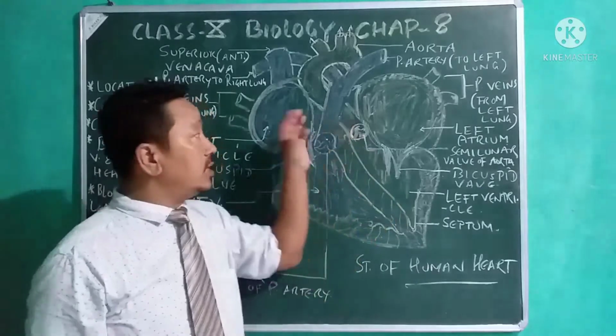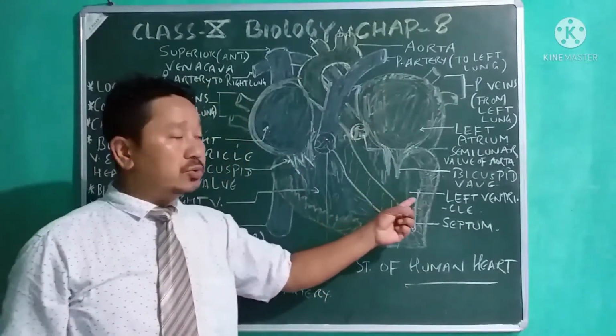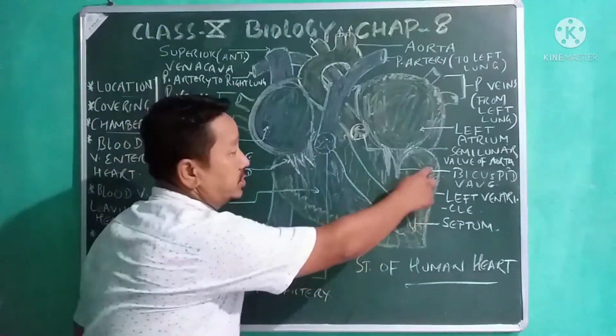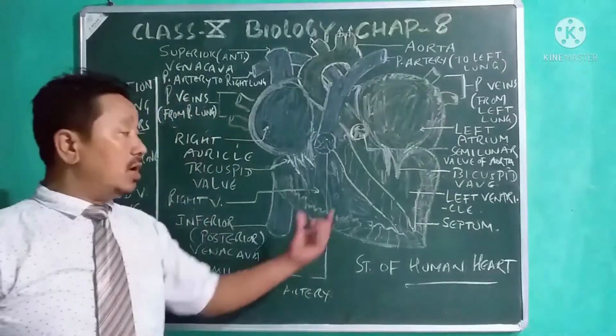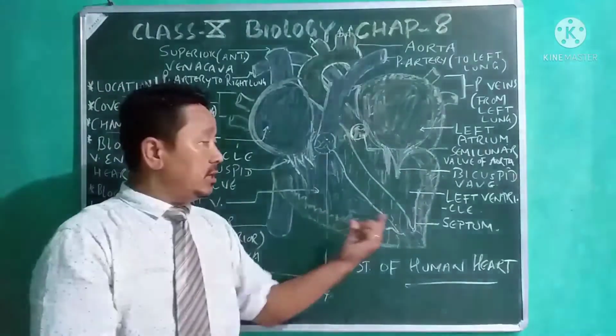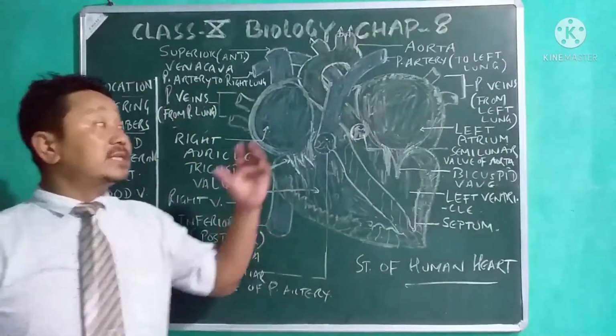That's why the wall in the auricle region is thinner in comparison to the wall in the ventricles. In the ventricle region, the wall is thicker.